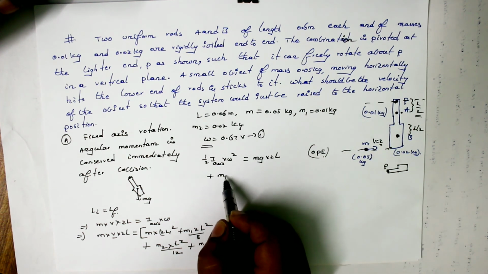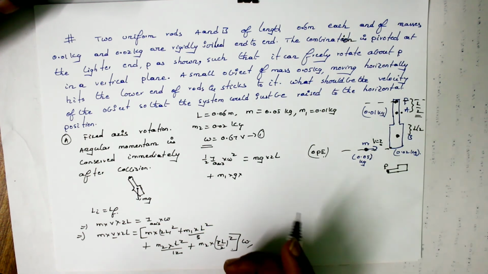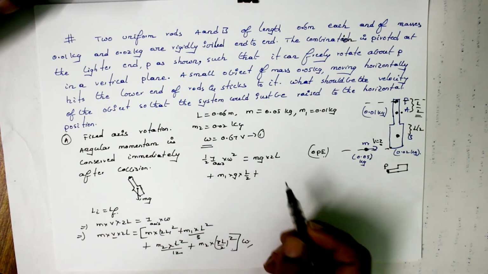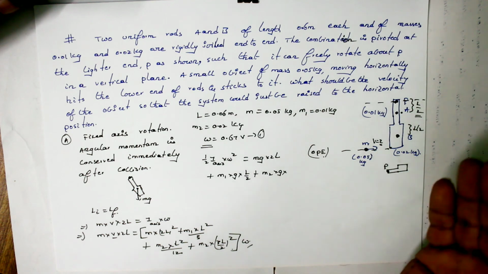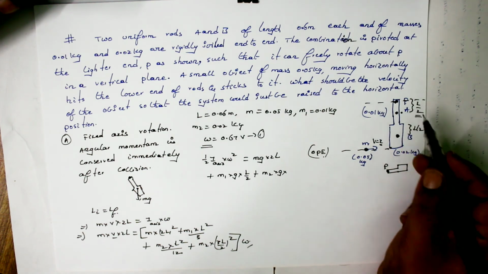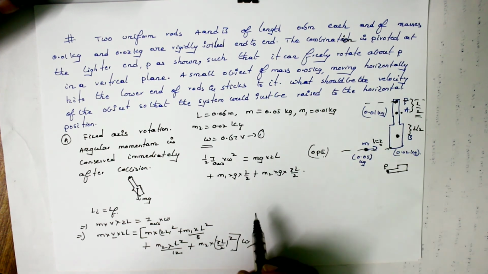The first rod has a mass of m1, g, and it has raised to a height of L by 2, so m1 g into L by 2 is the potential energy. And m2 g into, now its center of mass has raised by a distance of 3L by 2, so 3L divided by 2. So these are the equations which we got.